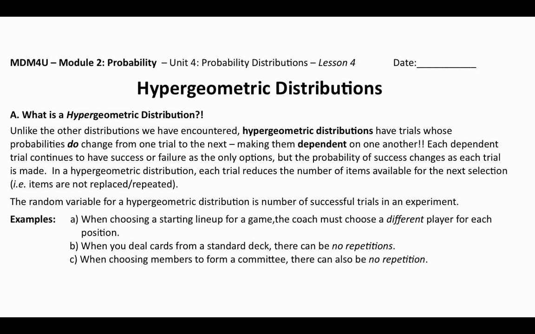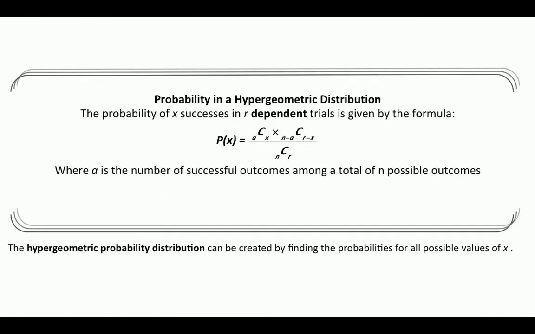Once that card goes out, it's not coming back in the deck, so your probability of getting a card depends on what card has already been put out. When choosing members to form a committee, there can also be no repetition. So all of these things indicate something a little bit different. We're not replacing variables, and we have to use individuals in different ways.